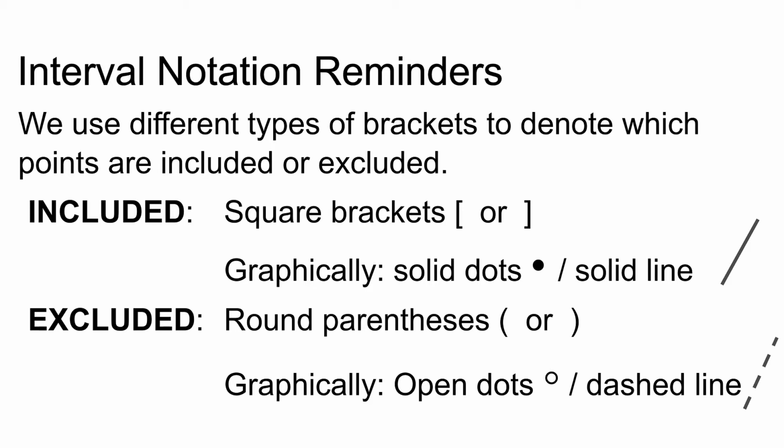Graphically, points that are included are represented using solid dots or a solid line. To show that points are excluded, we use round parentheses. Graphically, we show something is excluded using an open dot or a dashed line.